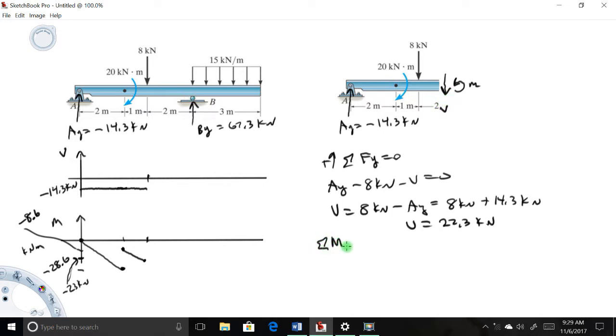Sum of all moments about A equals 0. All right, so we're summing moments about this point. So the first one I hit here is that minus 20 kilonewton meter. Then we're going to have minus 8 kilonewtons times 3 meters.